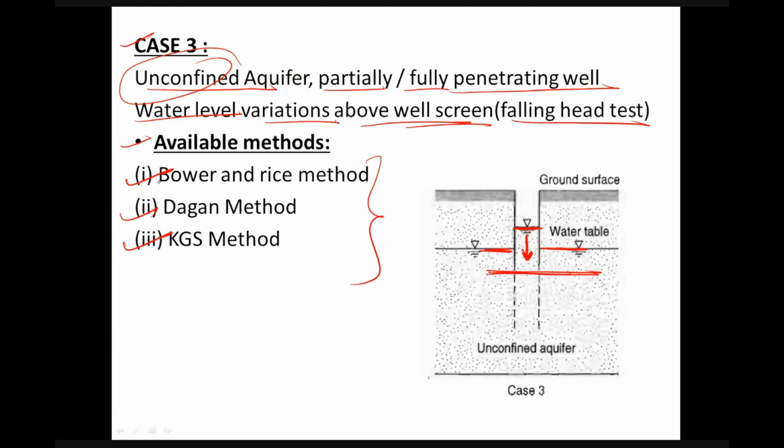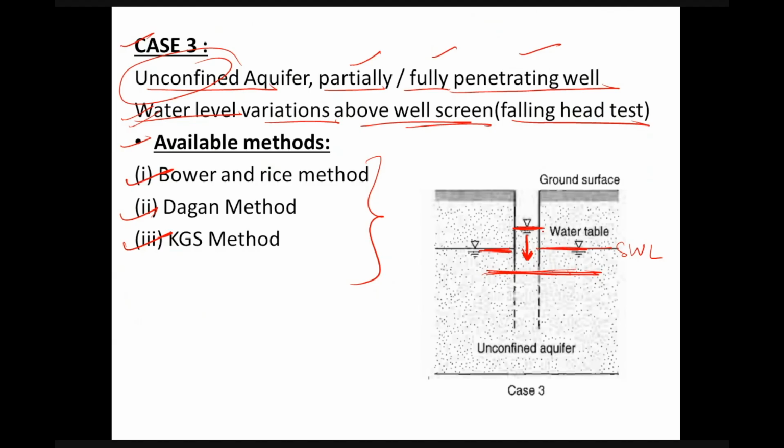Coming to the case 3, we have an unconfined aquifer and we have a partially or fully penetrating well. Now, water level variations above the well screen, falling head test. So you can see these water level variations in this case also, just like the case 1, the variations are occurring above this well screen only. So we have this static water level over here, and this is the water level in the well.